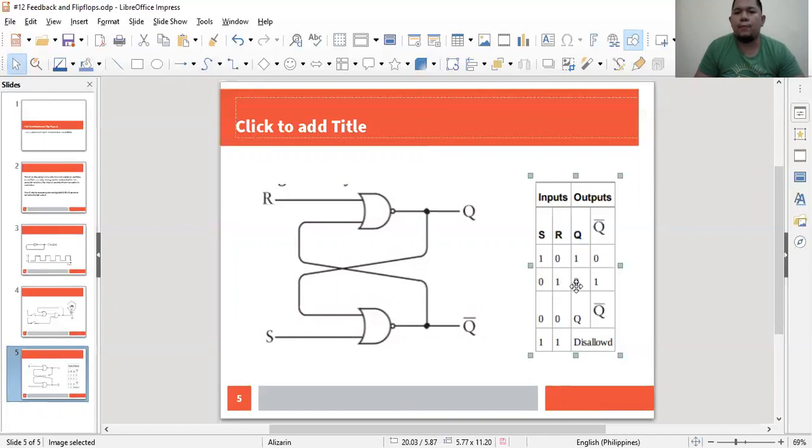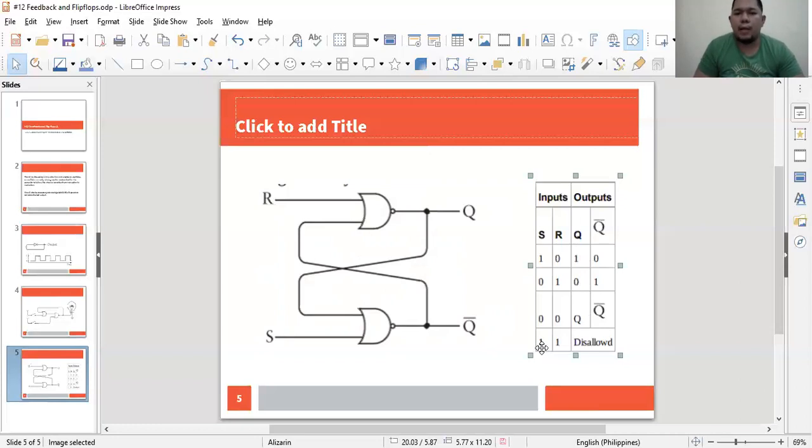Now, if we open the reset voltage, we still get the same value of Q. So essentially it remembers the last value from the circuit, and it retains that even if we open the circuit.